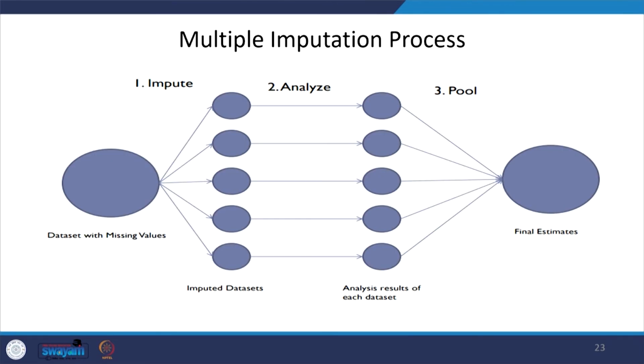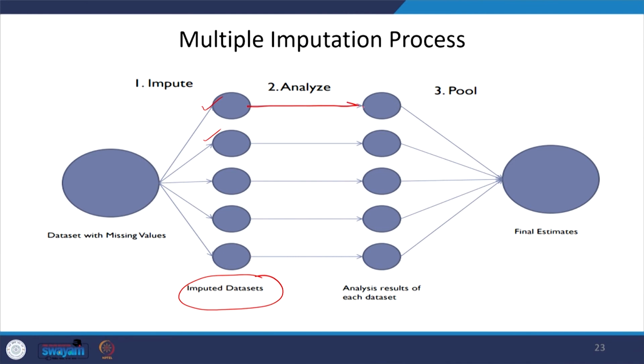Based on that we can pool it into one estimate. In the chart you can easily see that if a data set has many missing values, we analyze them one by one. Then we get a number of imputed data sets, we analyze through regression, and the coefficients are derived. We pool or append the extra information derived from our new data.